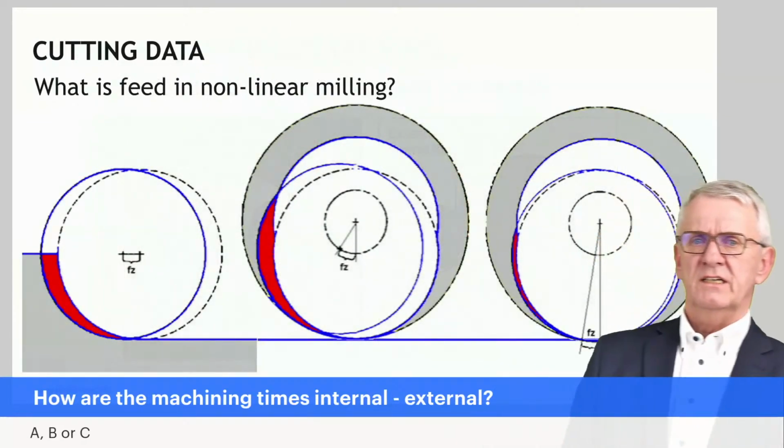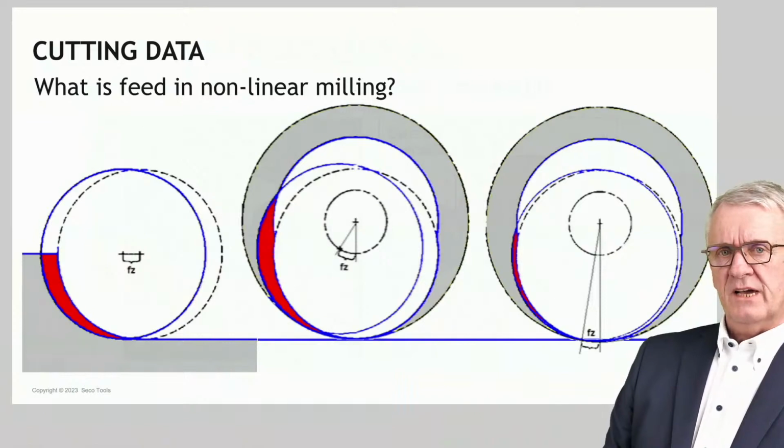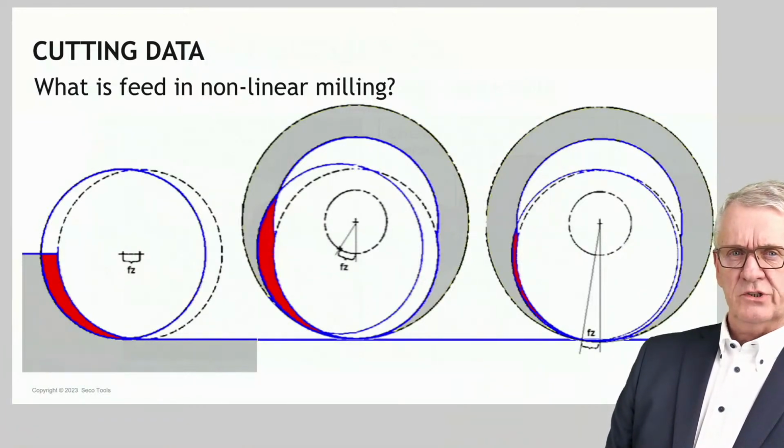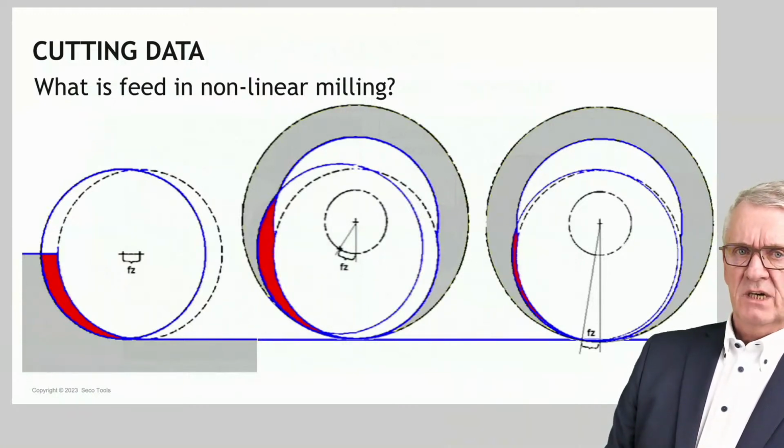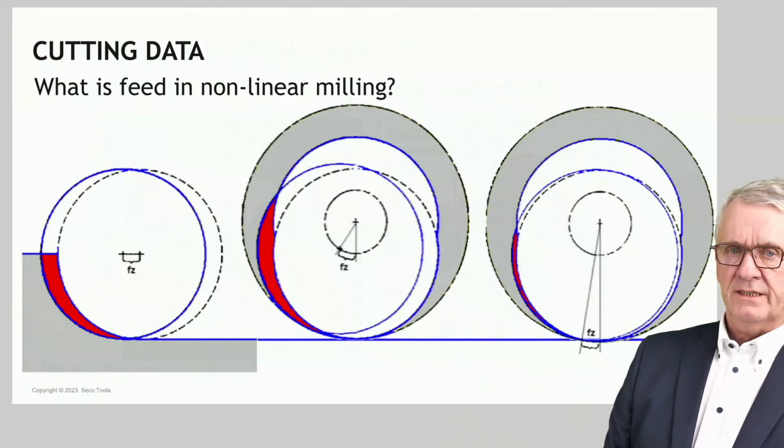To fully appreciate this, of course, you have to bear in mind what we have been talking about already two or three times now, that you correctly apply the definition of feed. Feed is movement of the center line of a milling cutter. To the left you see linear machining, in the middle you see circular machining where the feed is correctly applied to the center line of a milling cutter.